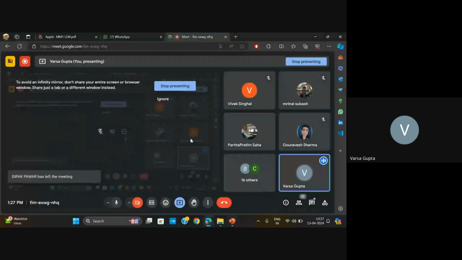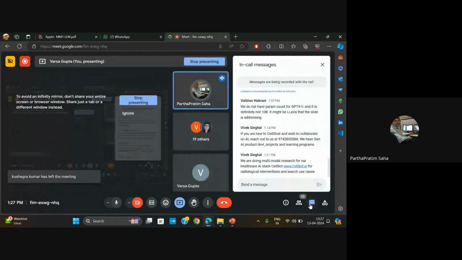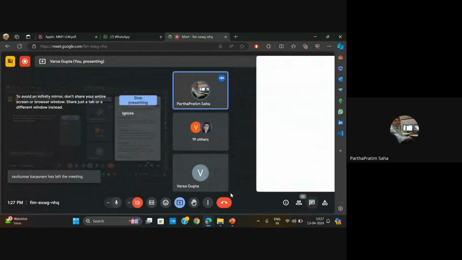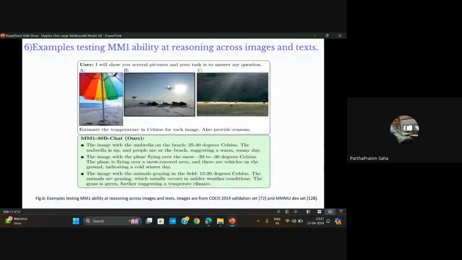Could you type in the text? In that image, what is the difference between reasoning and symbolic reasoning? How will the model decide whether it should apply reasoning capability or symbolic reasoning capability?